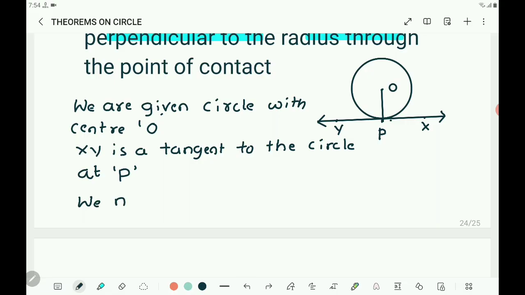We have to prove that this OP is perpendicular to XY.